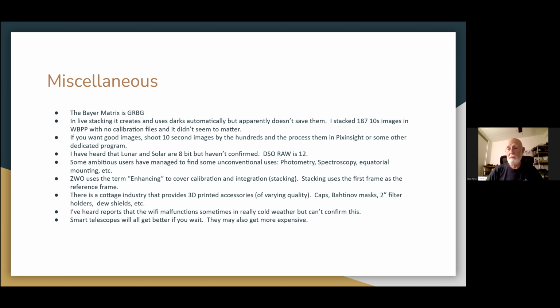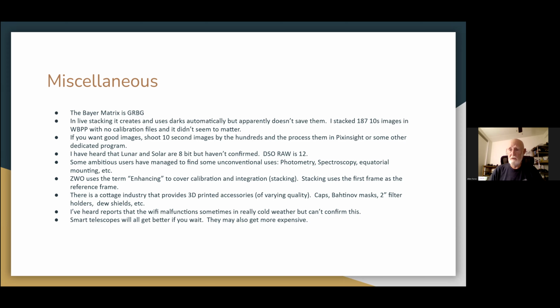I've been told by some people that you can take your own dark by capping it using the scenery mode. Whether that would work in WBPP, if all the components are there or not, I have no idea, but I haven't needed them.